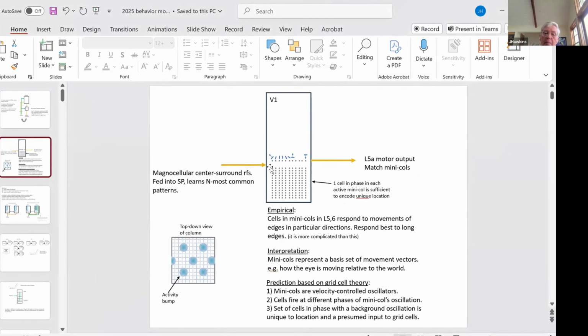It represents something generic, of which an individual cell represents a specific instance. A minicolumn on its own is not very unique at all, just like one of these movement vector cells doesn't tell you where you are in a larger environment. But if I look at all the active cells in this area, it would be very unique.